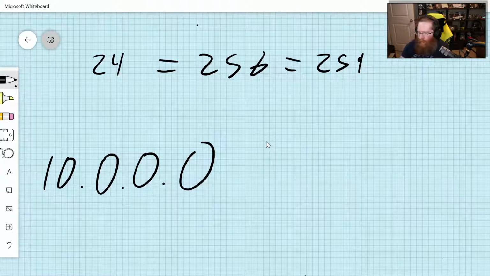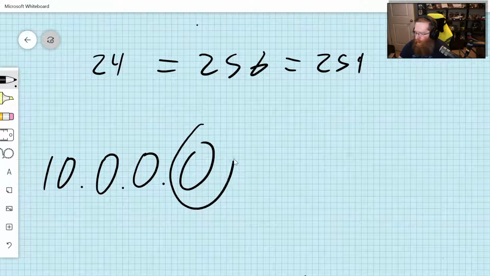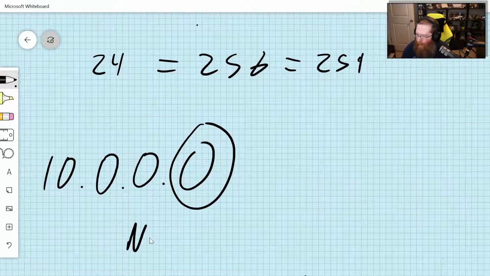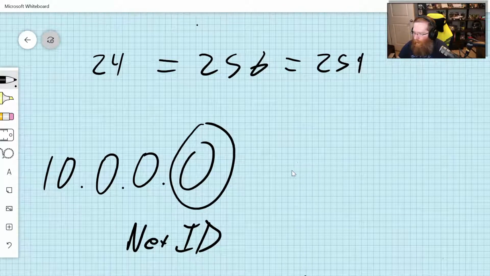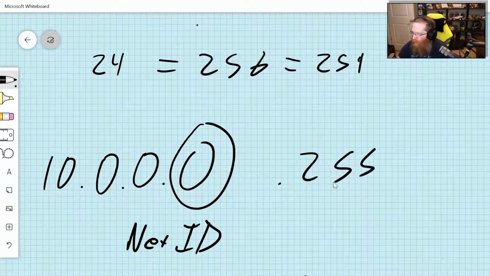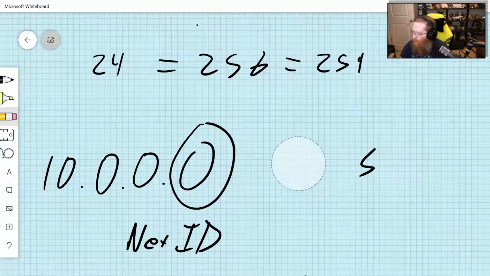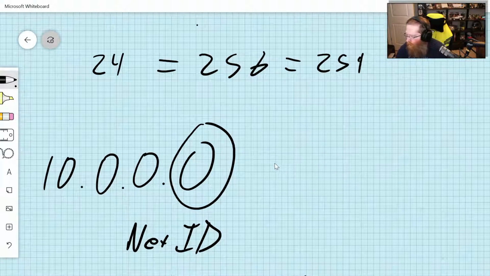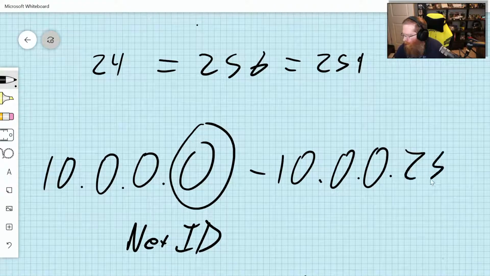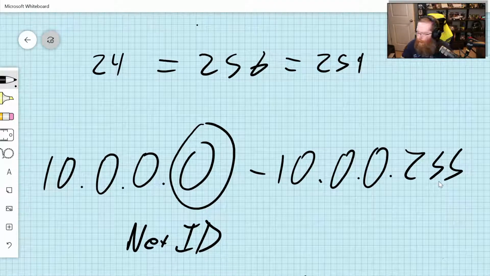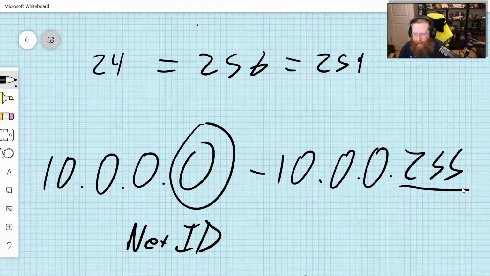So if I had a 10.0.0.0, this 0 is my network ID, and then 10.0.0.255, this is my broadcast ID.